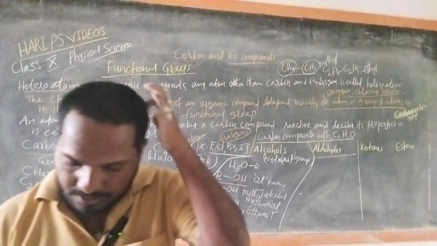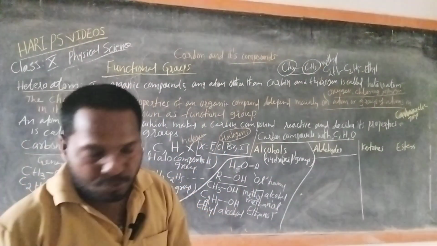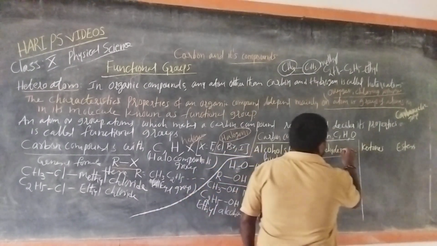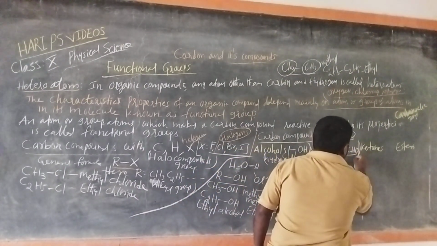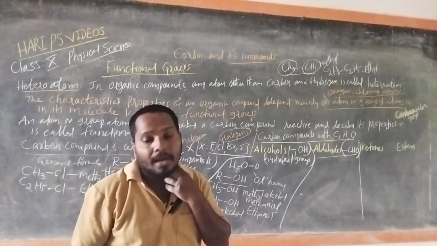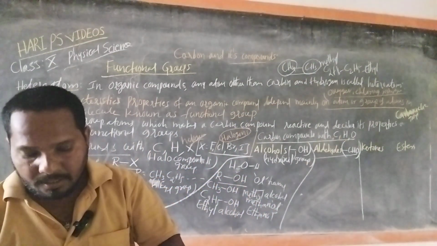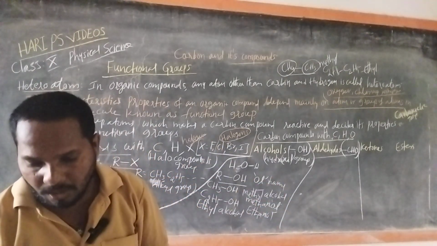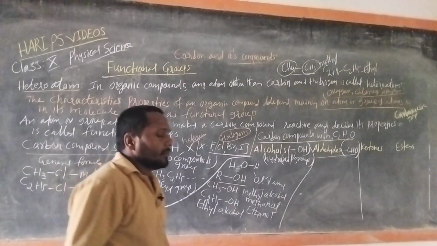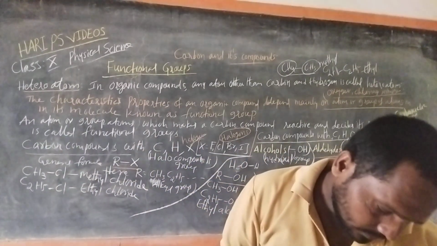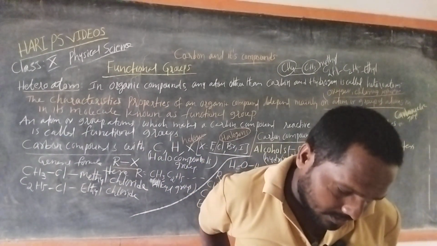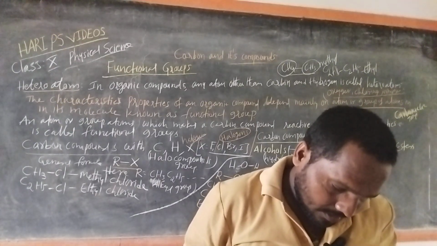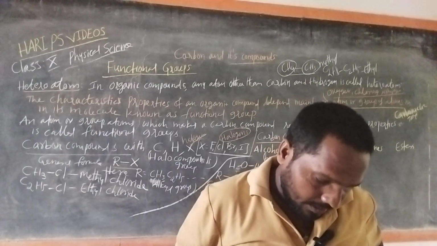Aldehydes consist of carbon and hydrogen with the functional group CHO. It is formed by carbon, hydrogen and oxygen. The hydrocarbons with the functional group CHO are called aldehydes. Its other name is the aldehyde group.